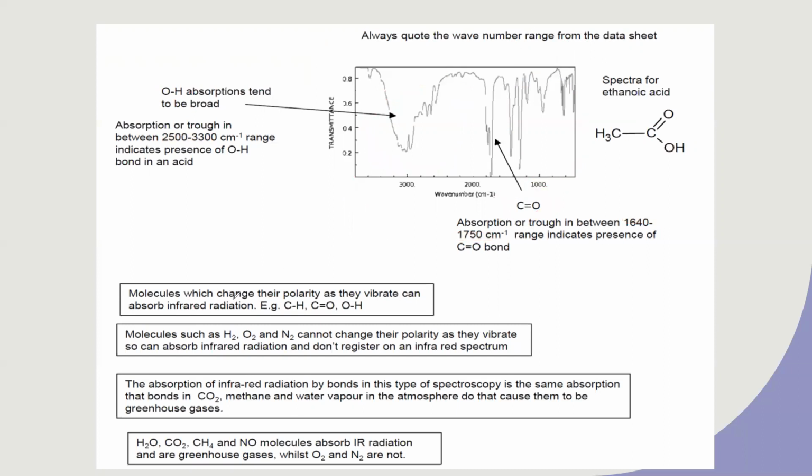So molecules which change their polarity as they vibrate absorb infrared radiation, but molecules such as H2, O2 and N2 cannot change their polarity as they vibrate, so they do not register any infrared spectrum.